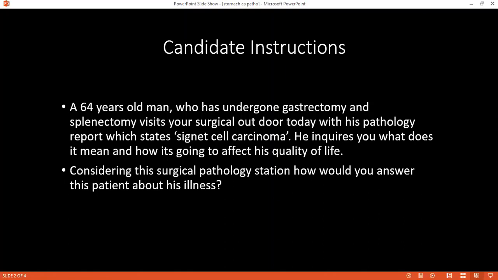Okay, can you please tell me which classification is used to classify gastric carcinoma? The WHO classification divides it into 5 main types: tubular adenocarcinoma, papillary adenocarcinoma, mucinous adenocarcinoma, mixed carcinoma, and poorly cohesive carcinoma.